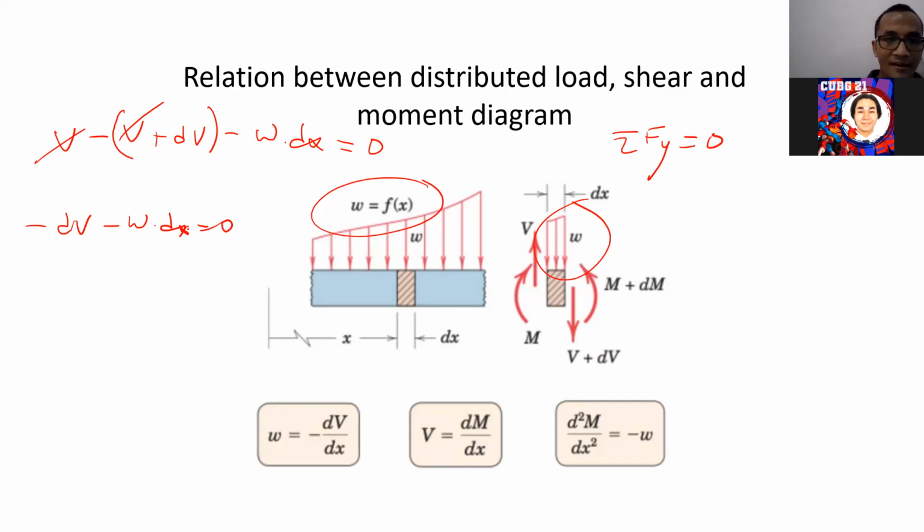If I rearrange the terms, I will get W is equal to minus dV per dx.